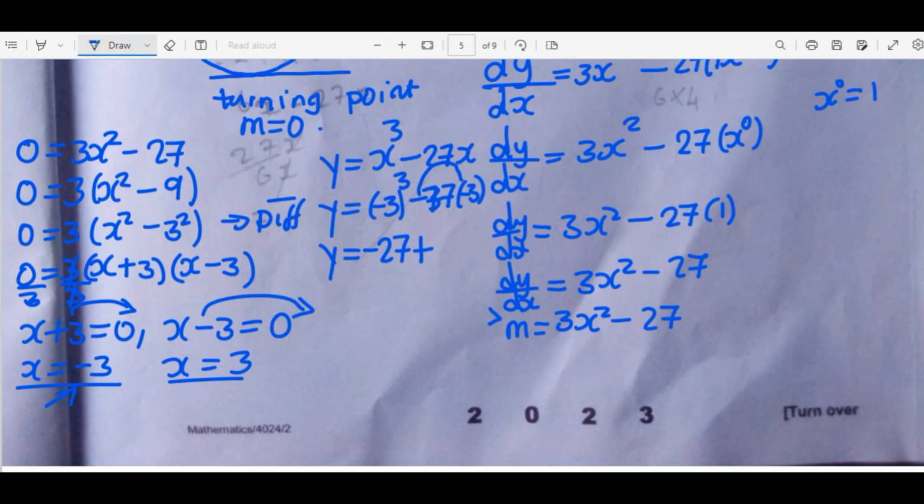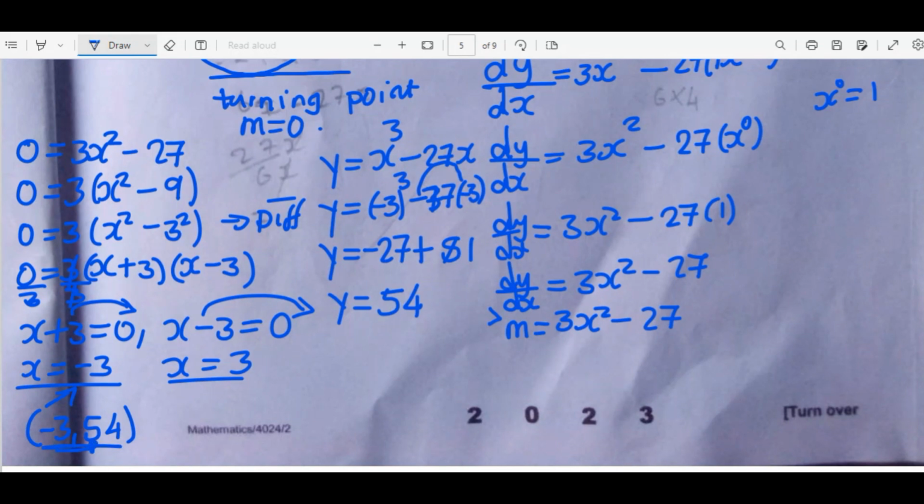Now, 27 times 3 will give us 81. Then what is the difference between 81 and 27? The value is 54. So the first turning point is negative 3, 54.